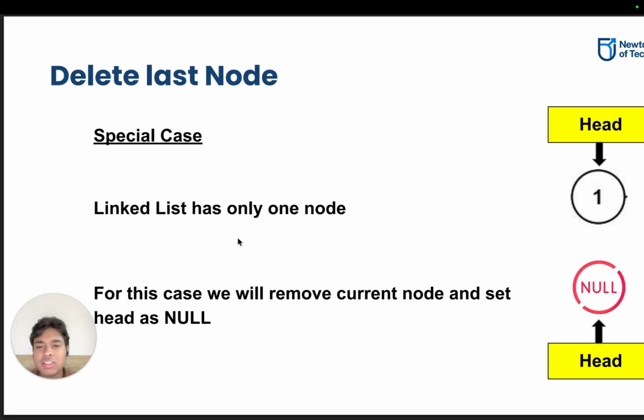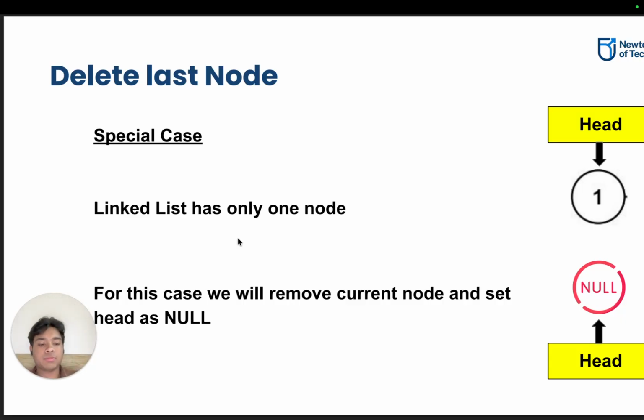For this case we will remove the current node and set the head as null. If I'm standing on 1 and the next one is null, then we simply remove the 1 and put null instead. Remember this, because for a linked list having a single node, in the place of the single node we will add the value null.